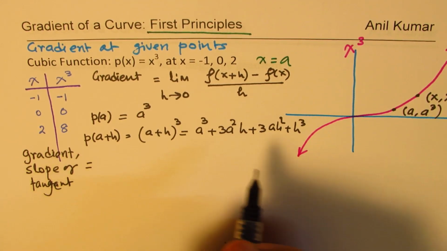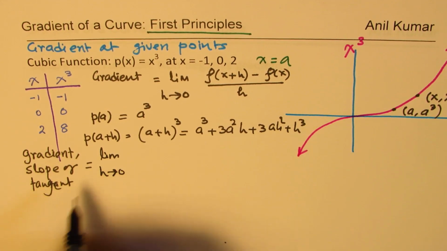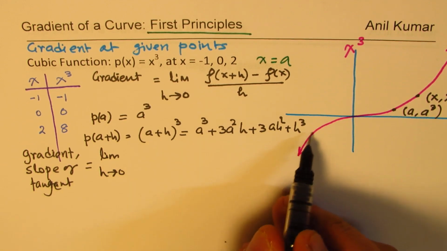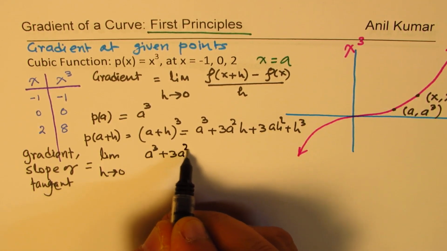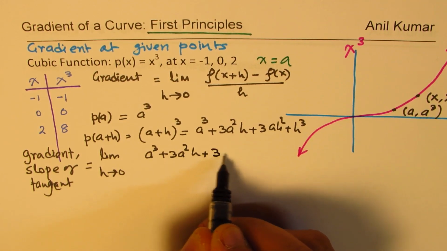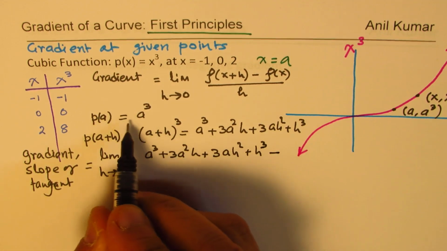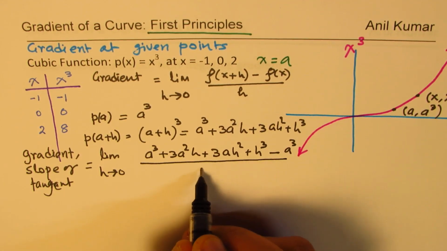So slope of tangent is the limit as h approaches 0 of p of a plus h, which is all this, a cube plus 3a square h plus 3ah square plus h cube, minus a cube, divided by h.